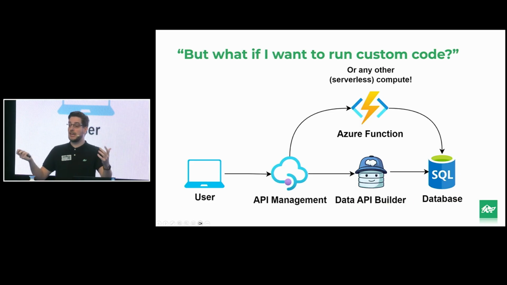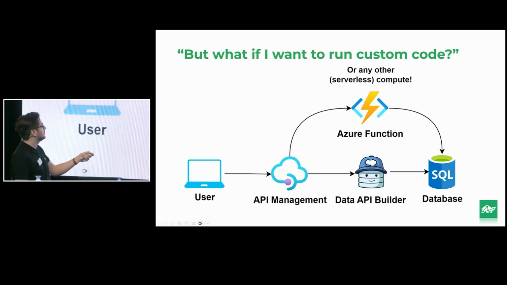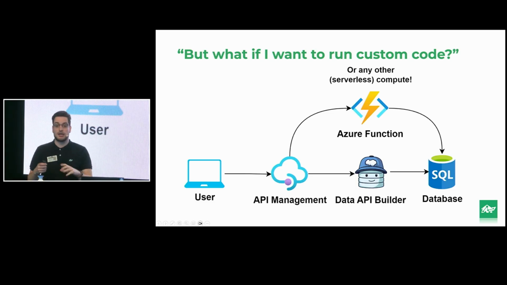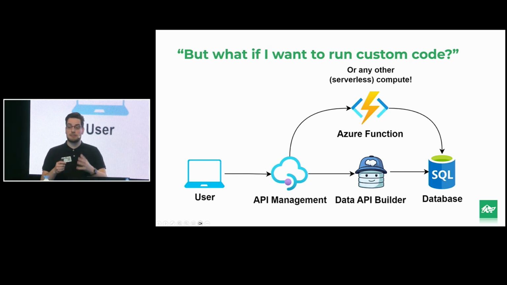But for specific endpoints, like creating books, updating books, we could go ahead and say, well, we're not going to use, where is this not working? OK, it's not working anymore. Let's say we want to create a book. Then we go to API management, and API management can send us to an Azure Function, or an AWS Lambda, or the Google Cloud equivalent, or on-premise. This is not Microsoft specific. You can run this anywhere.